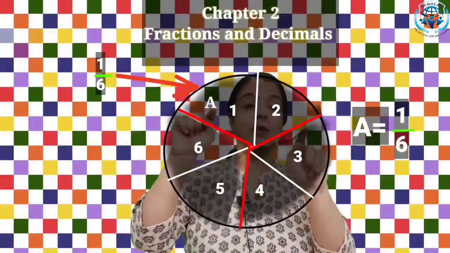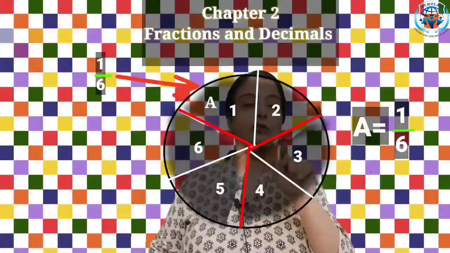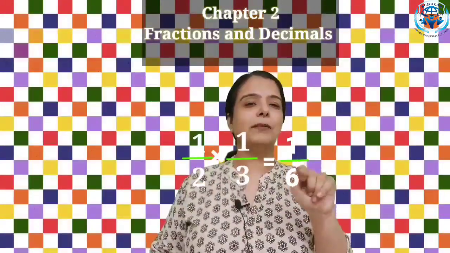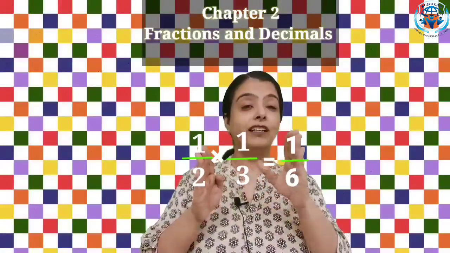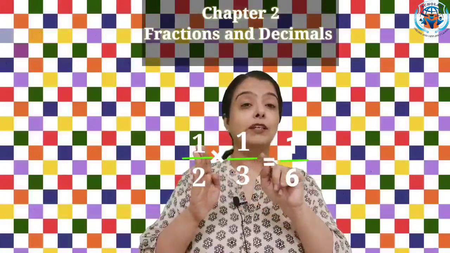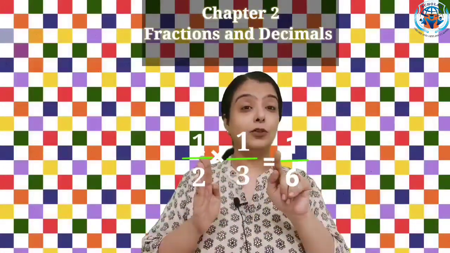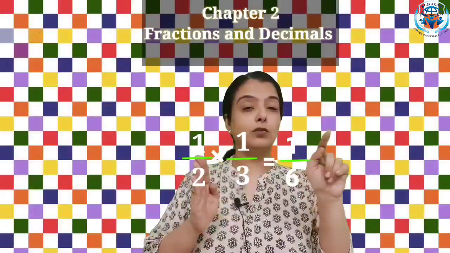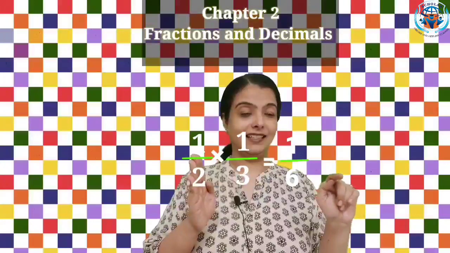That means A is equal to 1 by 6. That means 1 by 2 into 1 by 3 is equal to 1 by 6. But 1 into 1 is equal to 1, and 2 into 3 is equal to 6. That means 1 by 2 into 1 by 3 is equal to 1 into 1 upon 2 into 3, equal to 1 by 6.